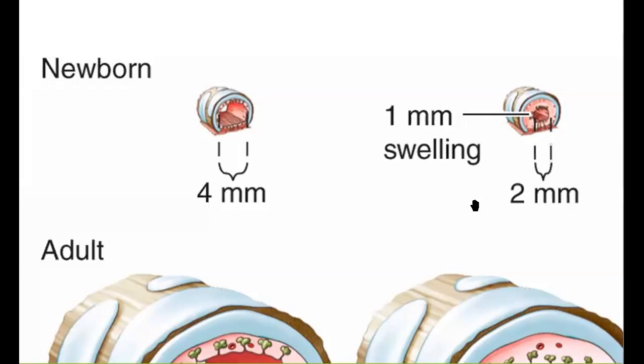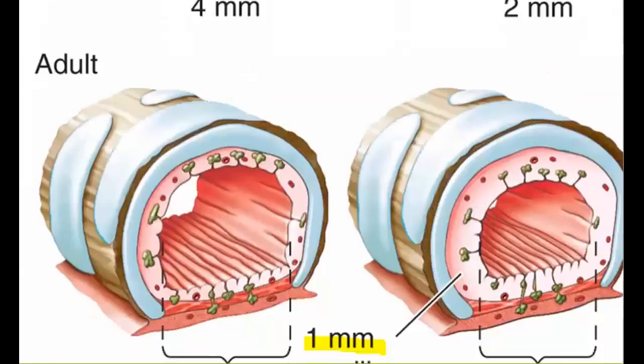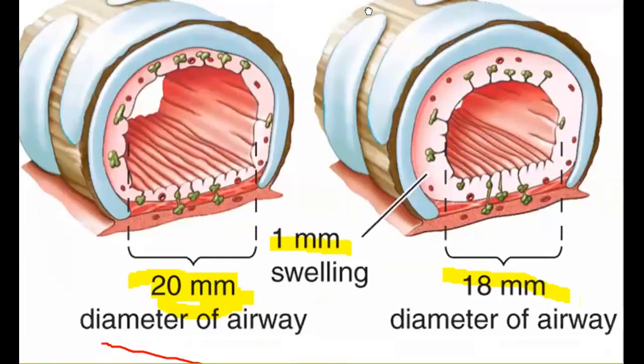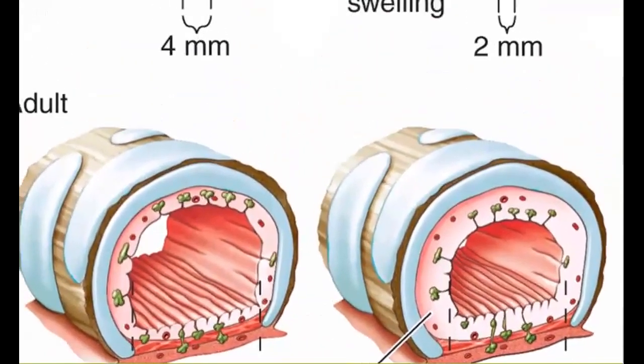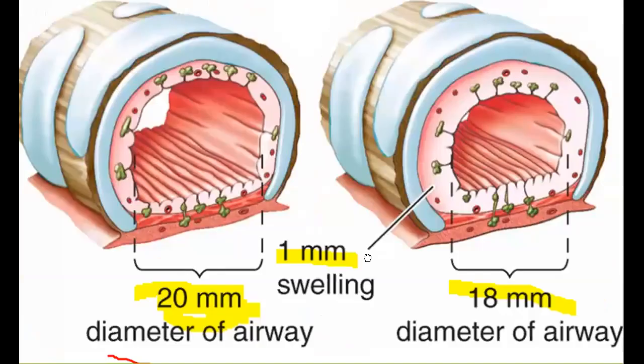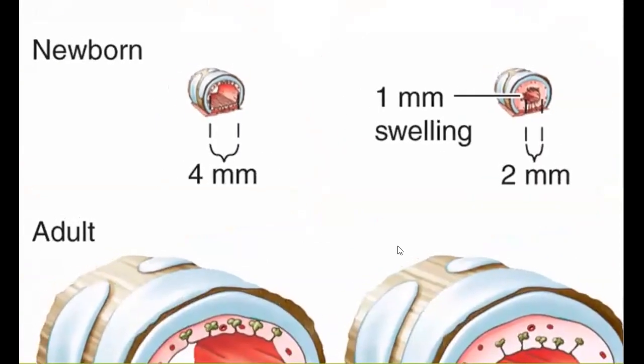They can't breathe because of the swelling in their airway. This is a huge difference. The adult goes from 20 millimeters to 18, not even a fourth of their airway lessened. And the newborn's airway diameter is cut by half.